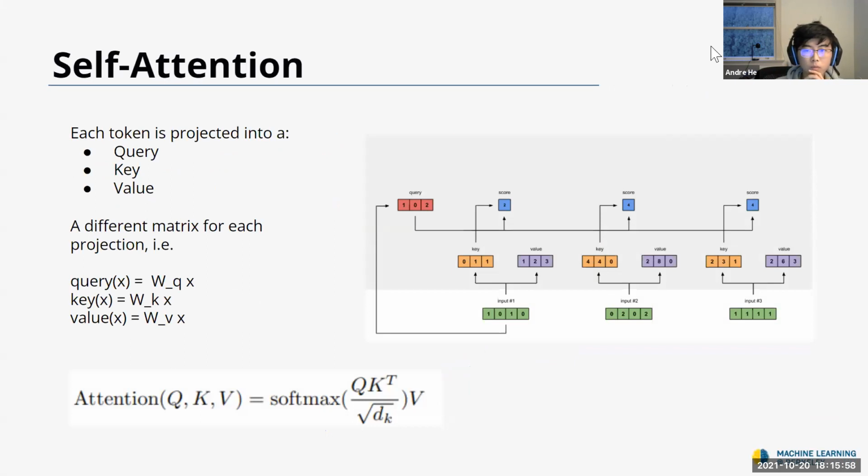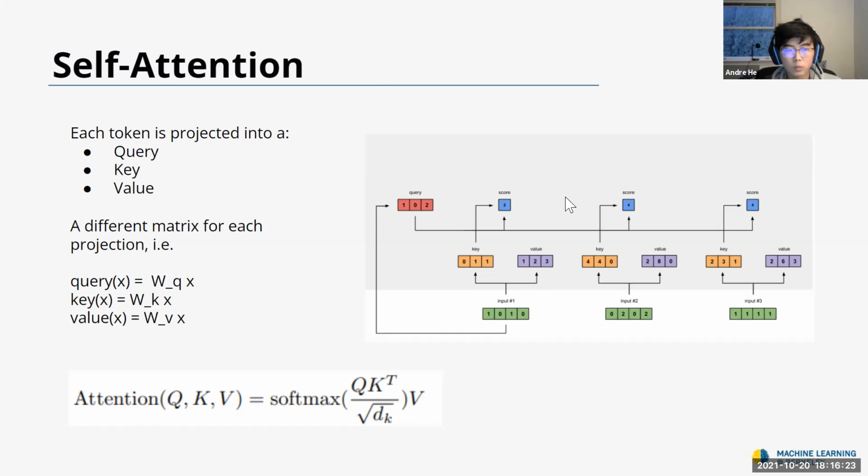Yeah, so, but we still have the problem of determining the attention score. So how do we know how much a word would like to attend to another word? And the way we do this is with these things called queries, keys, and values. So for each input token, it'll be projected into a query, a key, and a value.